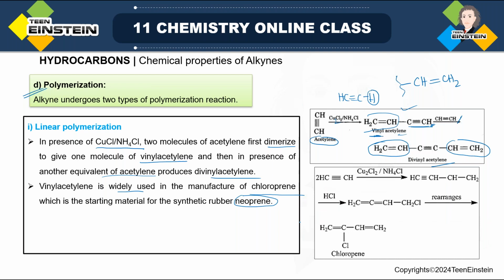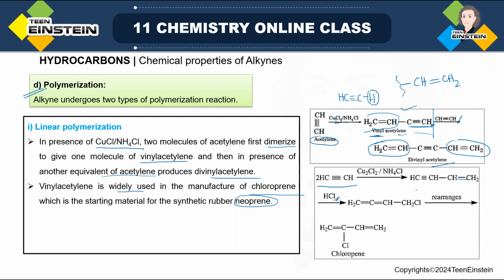Here two molecules of acetylene we have taken in the presence of Cu2Cl2 and NH4Cl. First there is generation of vinyl acetylene, that is just this reaction. And then in the presence of HCl there will be formation of, the source of chlorine is this HCl.